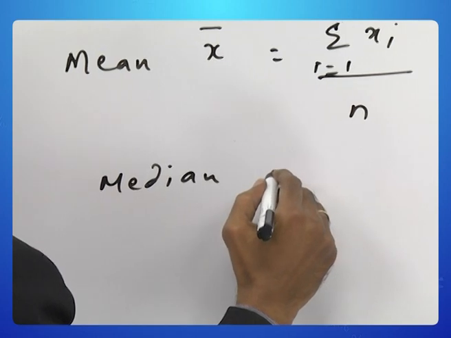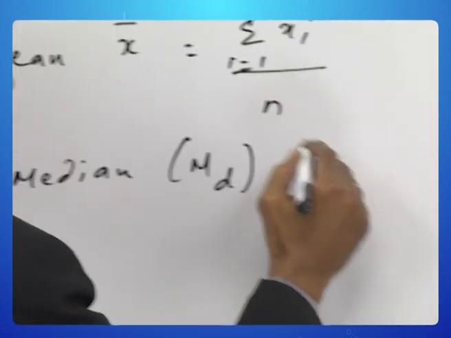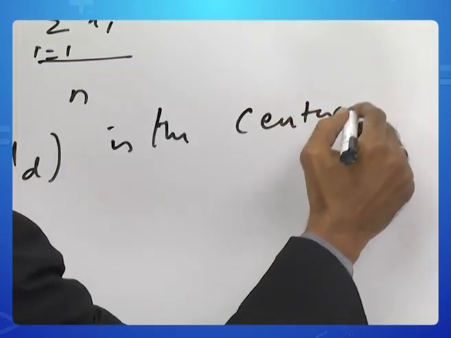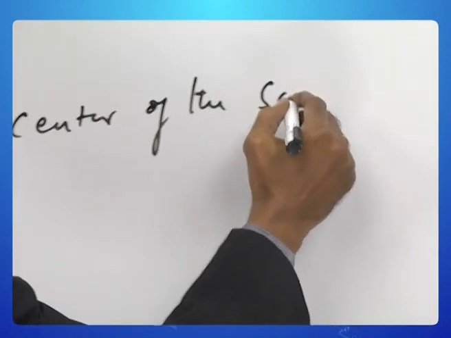Median, denoted by MD, is the center of the sorted data.